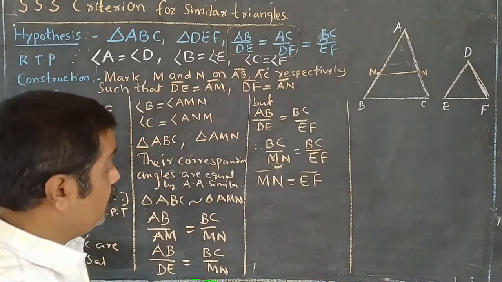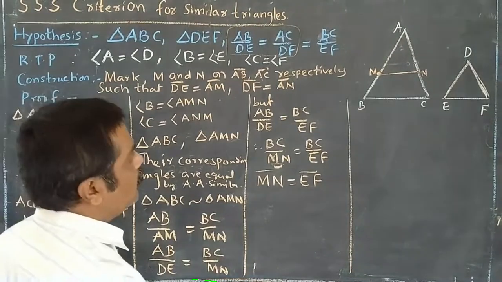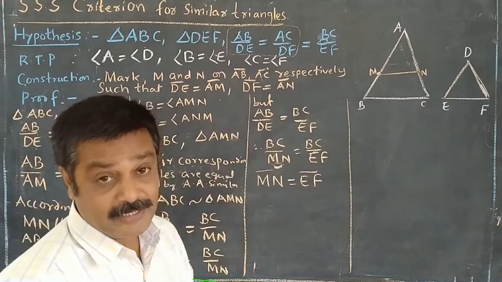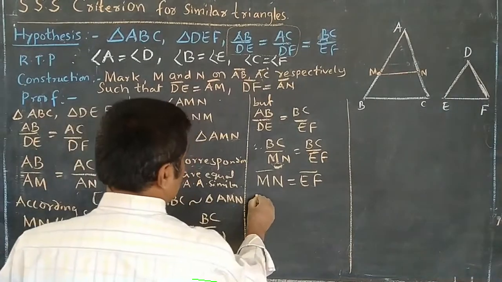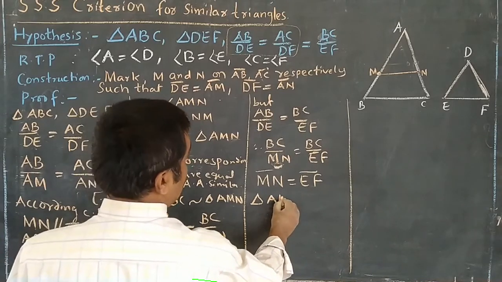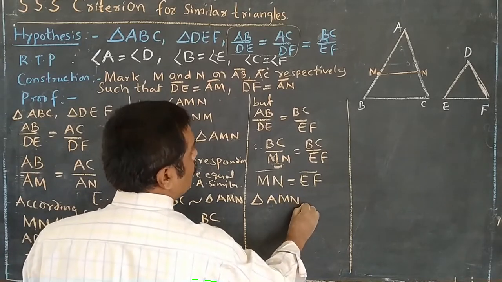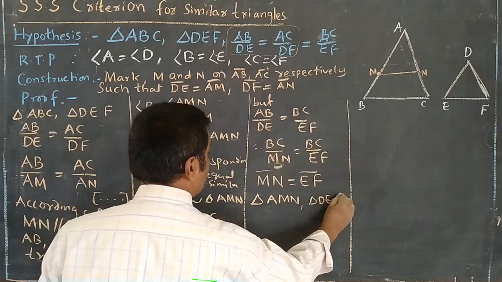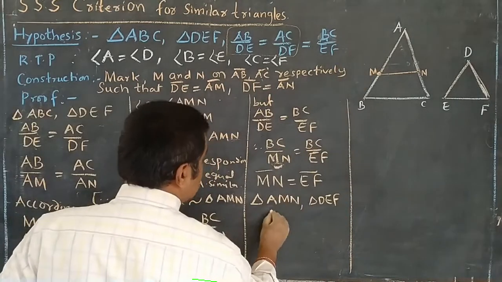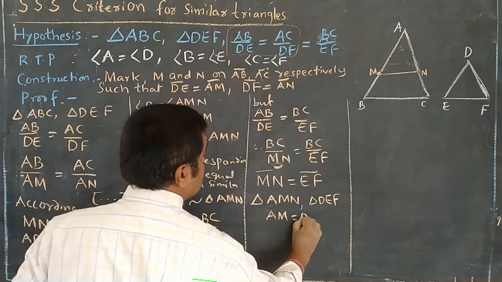When we got MN is equal to EF, now we have to compare these two triangles. What does that mean? In triangle AMN and triangle DEF, in these two triangles, AM side is equal to DE side. How do you know?